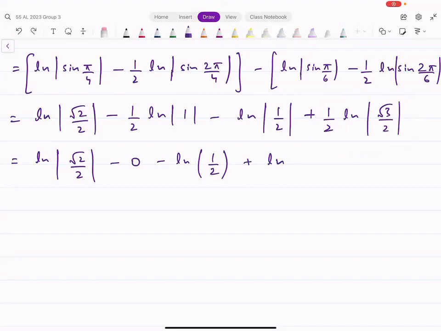अच्छा, अब यहाँ पे देखें, जब भी आपको मल्टीपल लॉग टर्म्स को एक सिंगल लॉग टर्म में कन्वर्ट करना हो तो आप क्या करते हो, ये जो नंबर्स मल्टीप्लाई हो रहे होते हैं ना, इनको आप पावर में ले जाते हो.